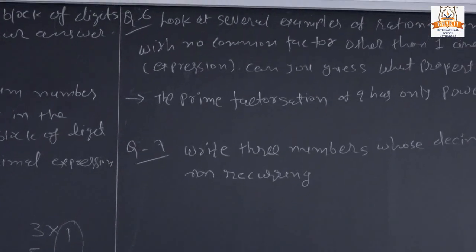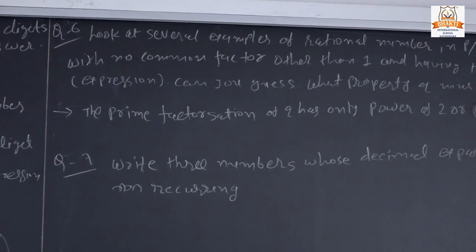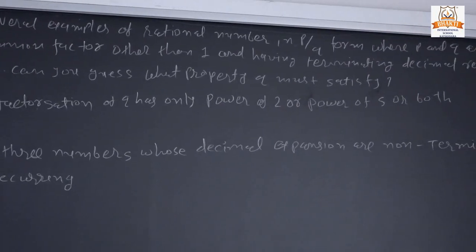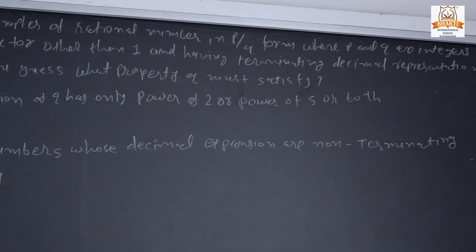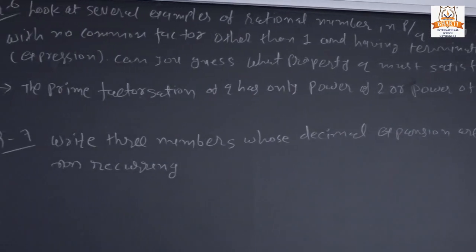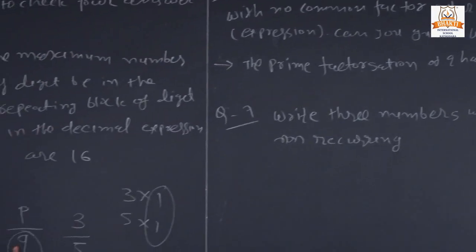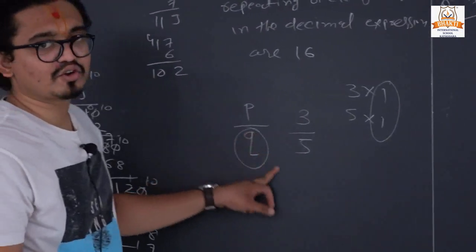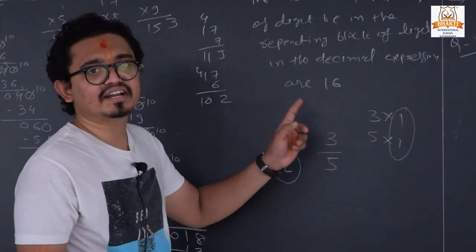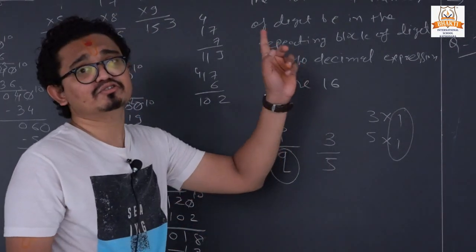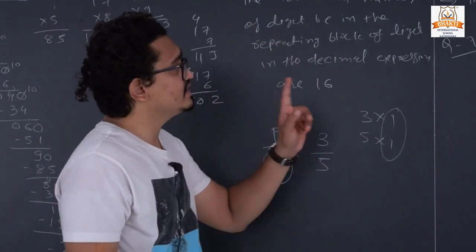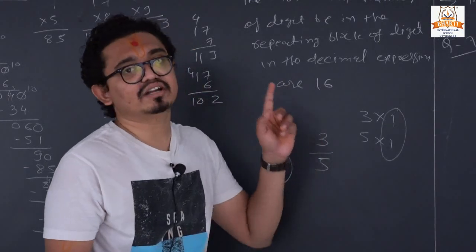So can you guess what property q must satisfy? So they are asking what? This property we must remember. If the prime factorization of q has only powers of 2 or powers of 5 or both, then we can convert that rational number into decimal form. Otherwise we cannot represent that rational number in decimal form.